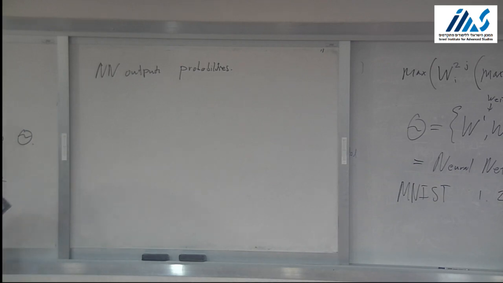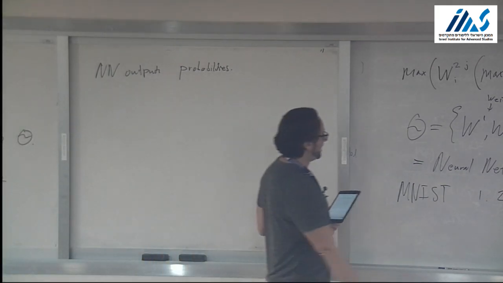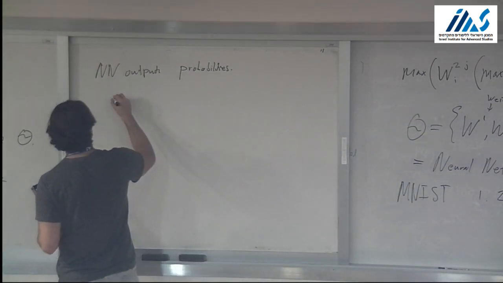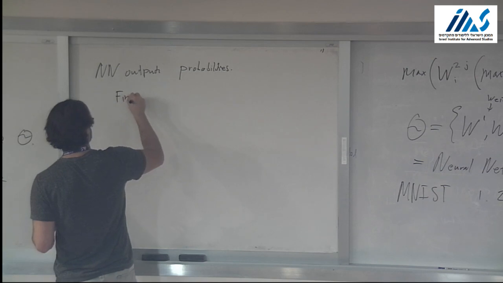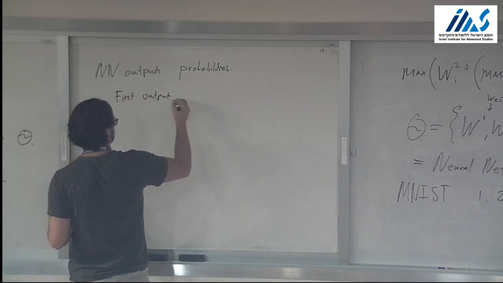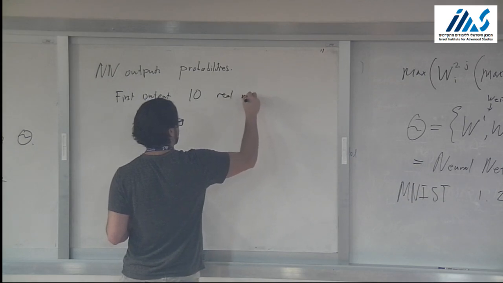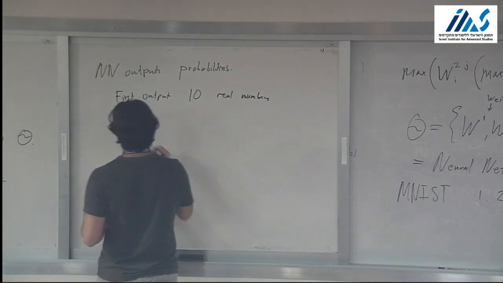And how do I do that? Well, in the simplest way, I can have my neural network first output, say, 10 real numbers.